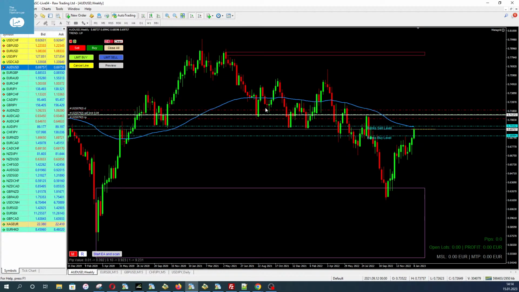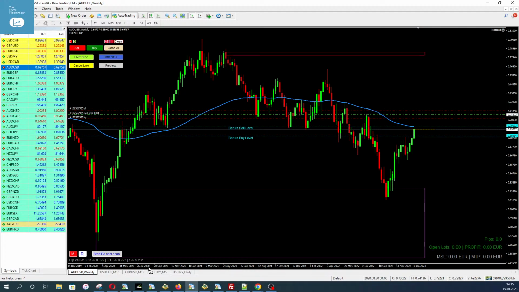If we switch to the weekly time frame, you can see this is a really interesting place. Several times you got different reactions on this pair. And we had this really impressive big weekly demand zone lower. It's not tradable this way because it's way too big to place a stop loss, but still it reacted. You can see it came back here.